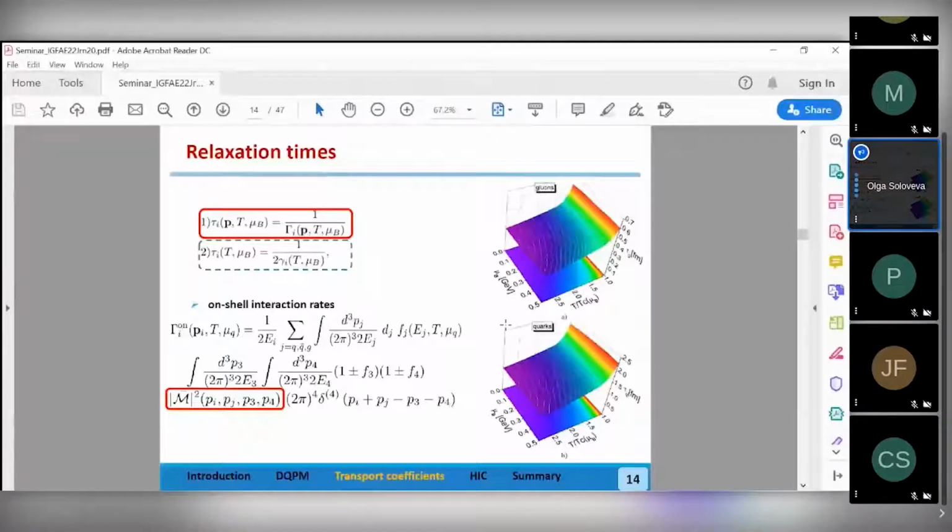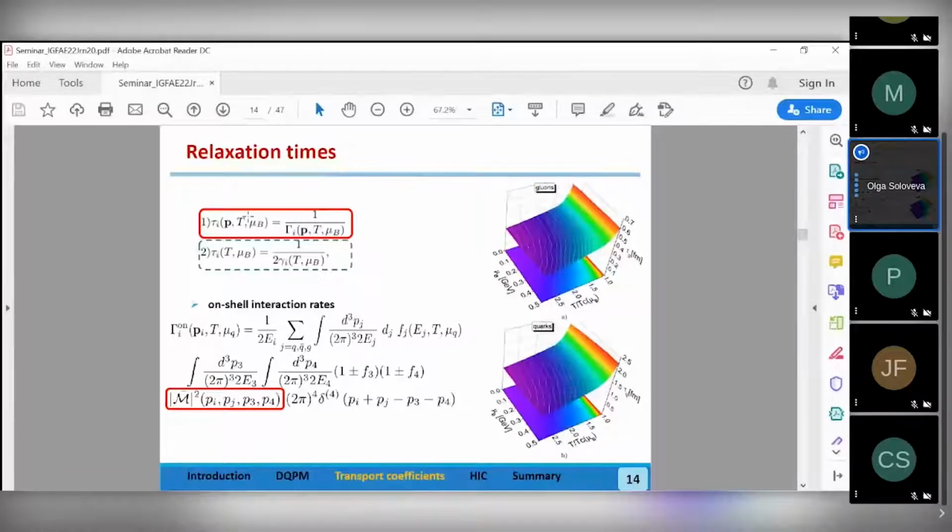In case of dynamical quasi-particle model, you can calculate the matrix element and then the cross sections and interaction rates, which is 1/τ.